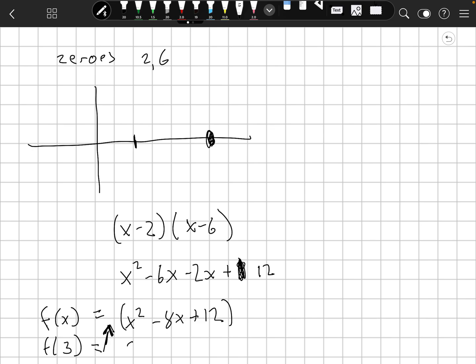So 3 squared is 9 minus 24 plus 12, and we would get an answer, well, let's see, 9 minus negative 24 plus 12 is negative 12, and 9 minus 12 is negative 3. So at 3 we'd be down here at negative 3 or something like that, and you could kind of work from there. At 4 you'd probably be here, and you can kind of see what's going on there with that function.